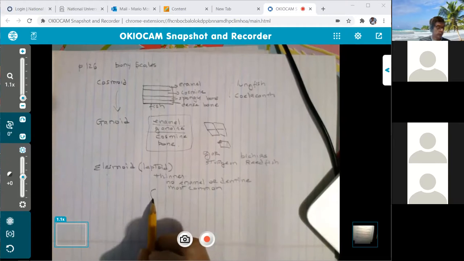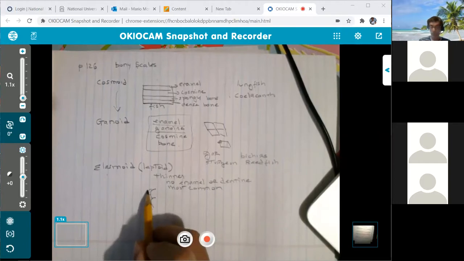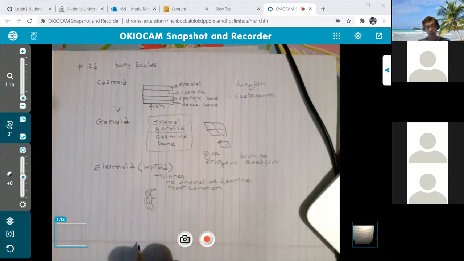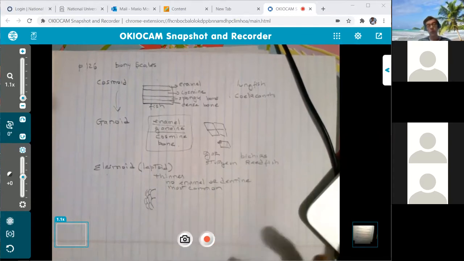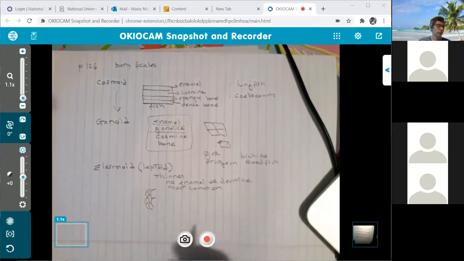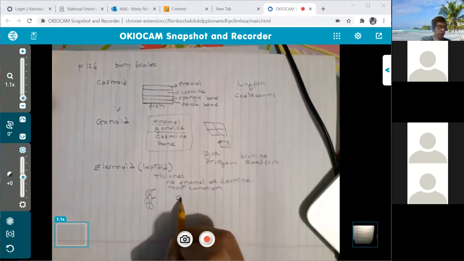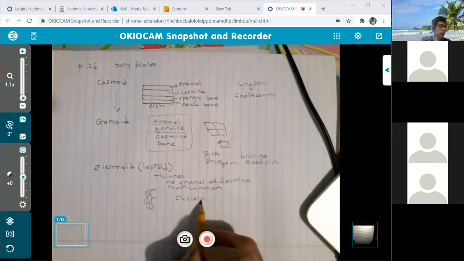Here's one, here's the other. You've seen scales on a fish like that. There are two subdivisions. By the way, when we're dissecting the fish in lab, you'll see this really easily. One is called cycloid, and the other one is ctenoid.